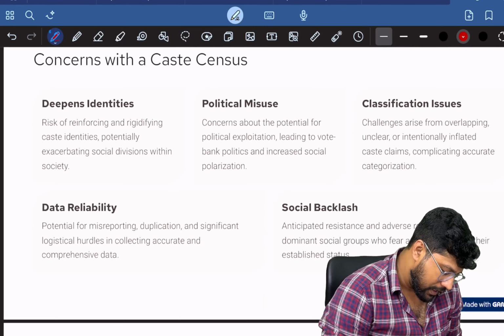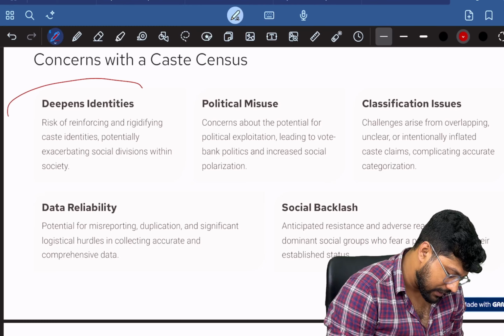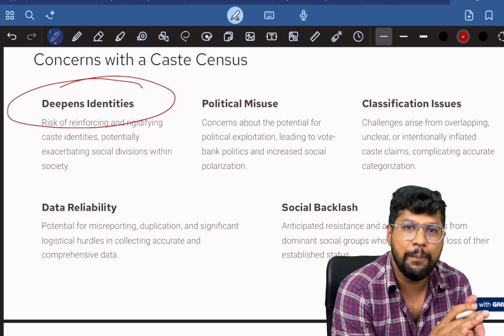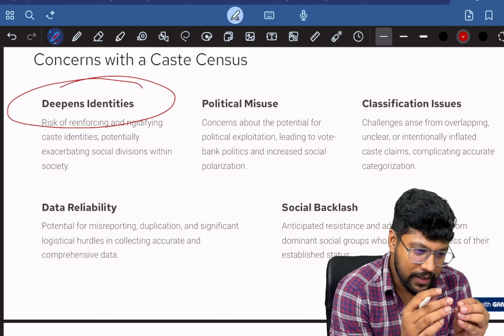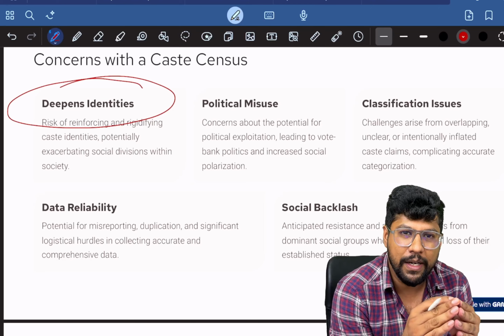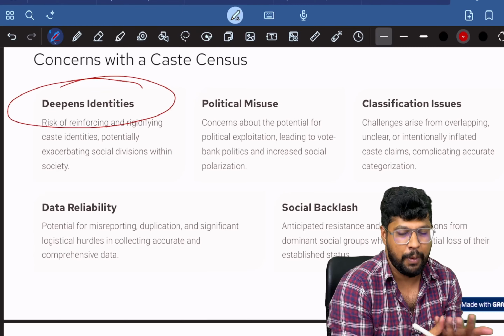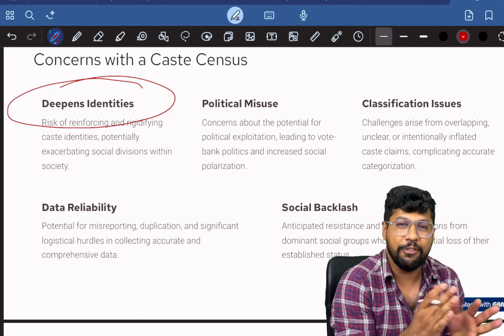One of the biggest problems with the present caste census is that once we have identified caste again, there is a chance that it will deepen inequalities and the caste-based divide, because people will start identifying themselves as different subcastes.